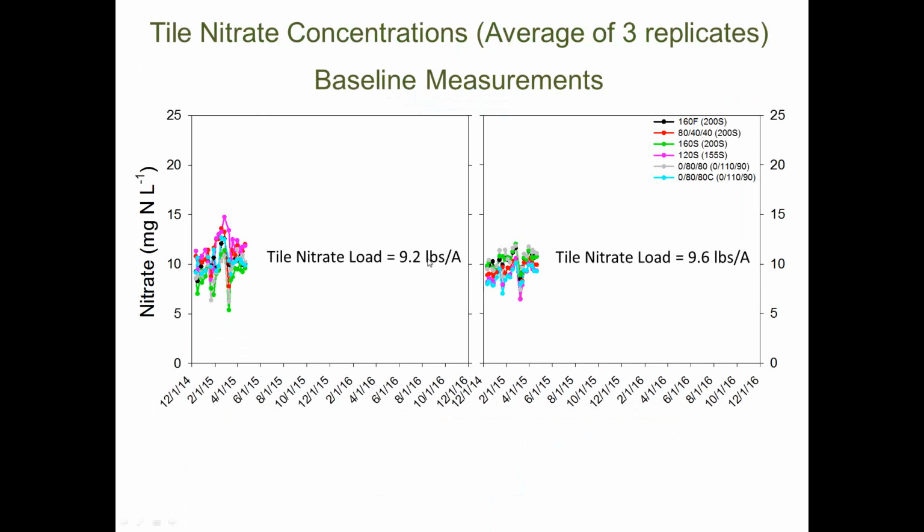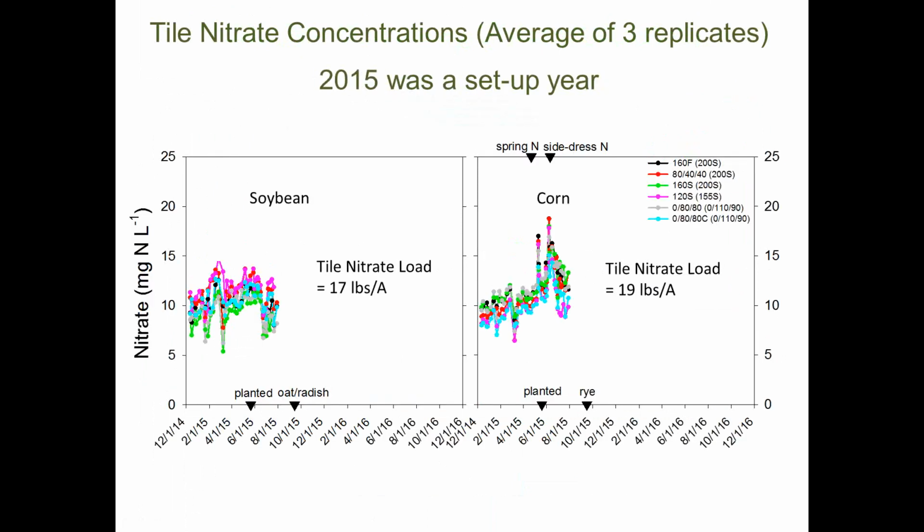And what we wanted to see was what kind of overall variability do we have, and it's not too bad. There was a couple of plots that were losing higher N, and that has sorted itself out over time. But importantly here, the 2 groups were losing about the same amount of N for that baseline period.